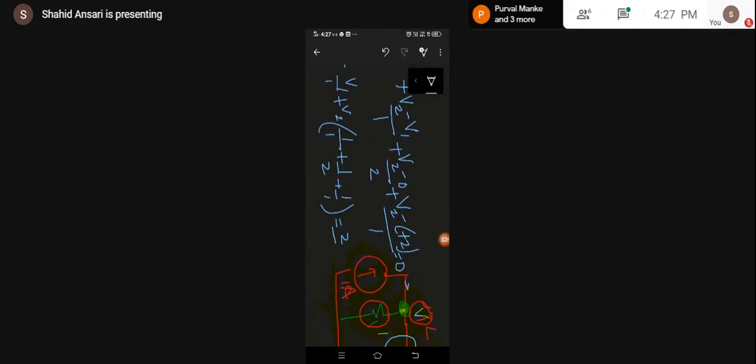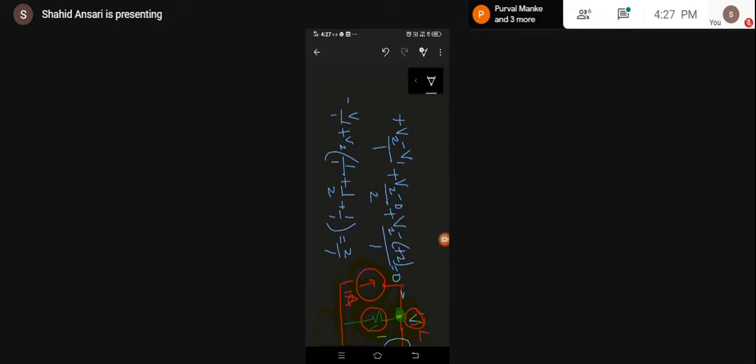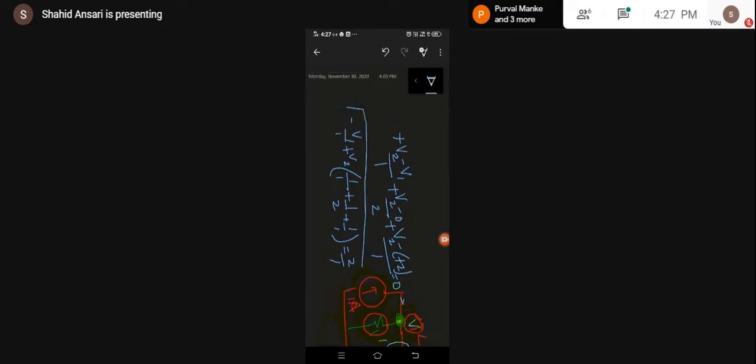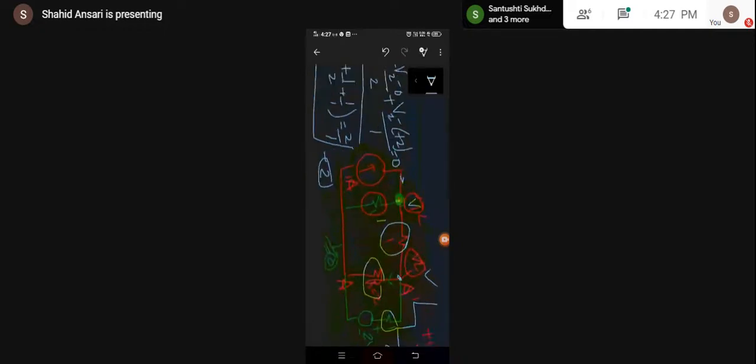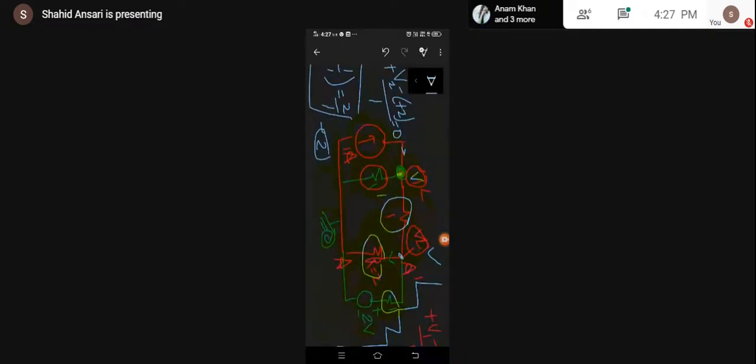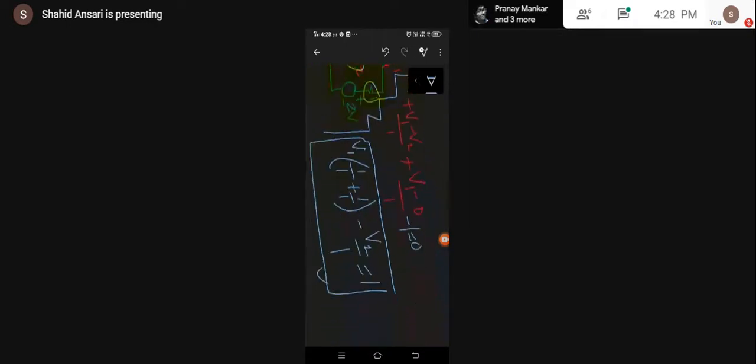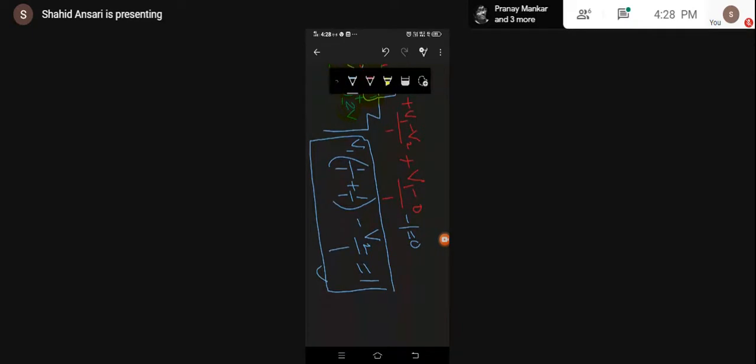After shifting to the right-hand side, it will become plus 2 by 1. This is your equation number 2. This is actually the conventional method which we prefer. If you want to solve it speedily, don't refer to this. It will be better to write it directly.